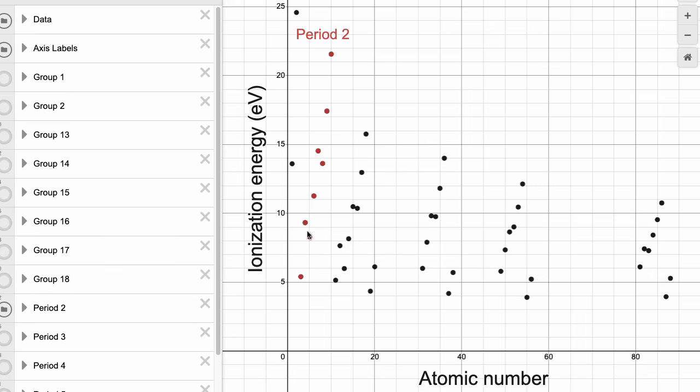It looks like it briefly decreases and it increases, briefly decreases, but the general trend is as you go from left to right along that period, energy is increasing. We see the same thing in period 3. Once again, there are some anomalies here, but the trend seems to generally hold. We could also look at period 4, and so on and so forth.